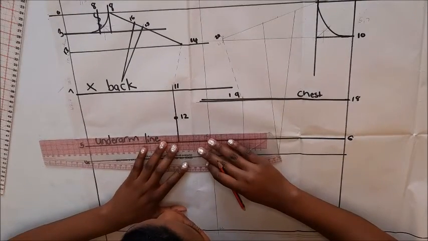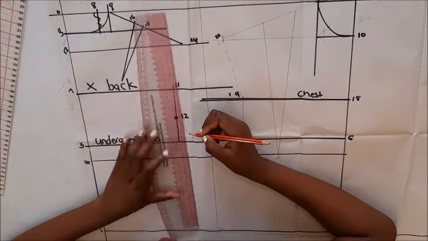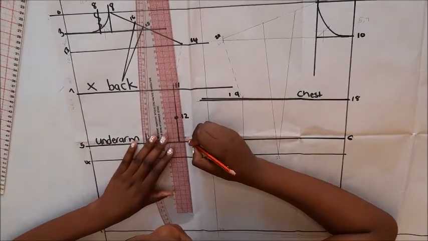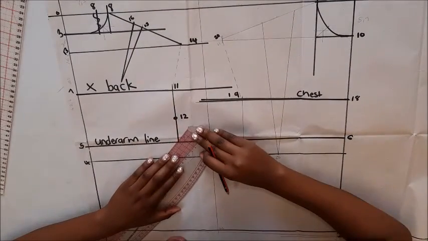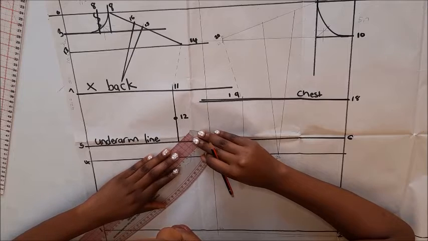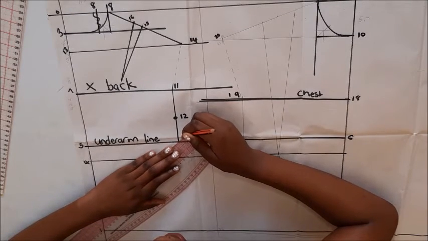At this point, I'm also doing that same 1 centimeter square block and measuring a diagonal line at that point for my back underarm, and the measurement there is 2.5 centimeters and a diagonal line, and that's where your curve is going to go.